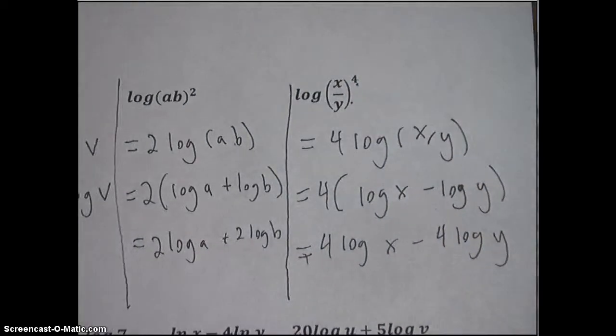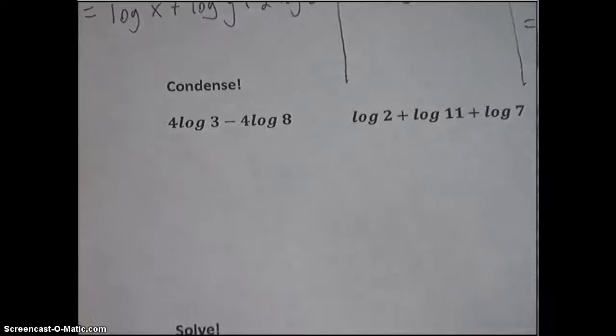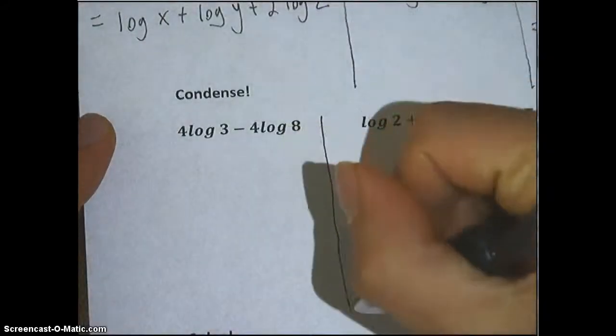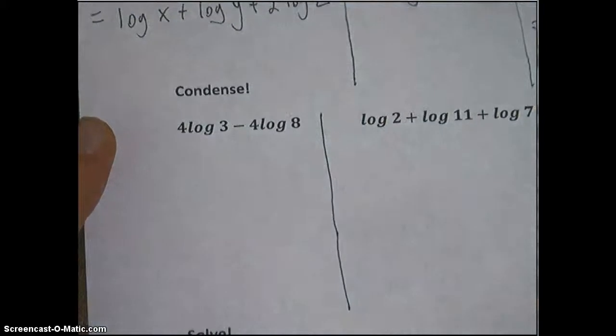So part of what we did was we expanded logarithms, but we also condensed them, changing them from 2 logarithms into 1, or from 3 logarithms into 1, 4 logarithms into 1. As long as logs have the same base, you can expand them and condense them. If they have different bases, you're not going to be able to do that.